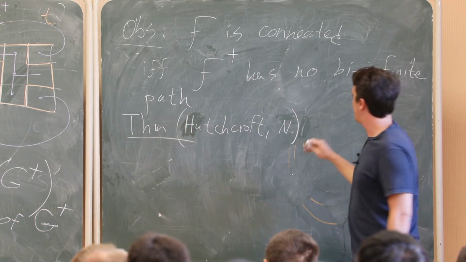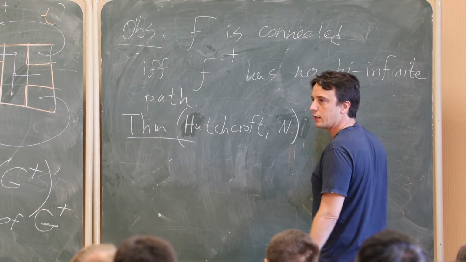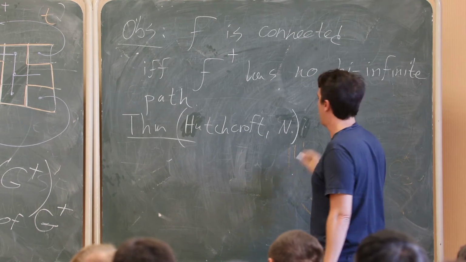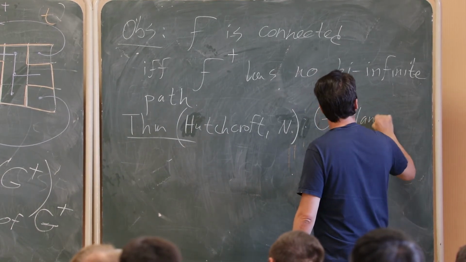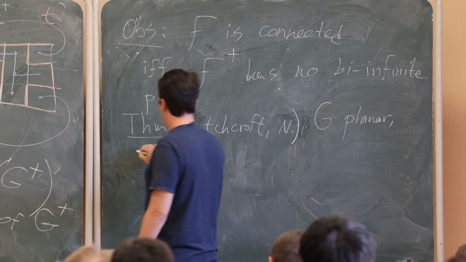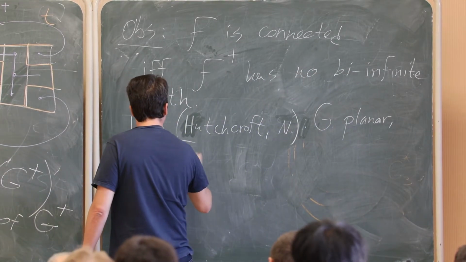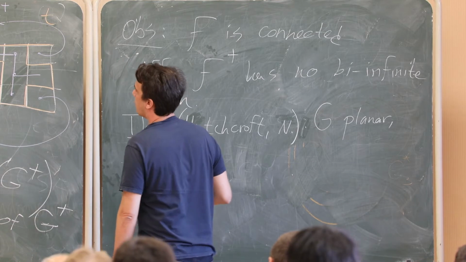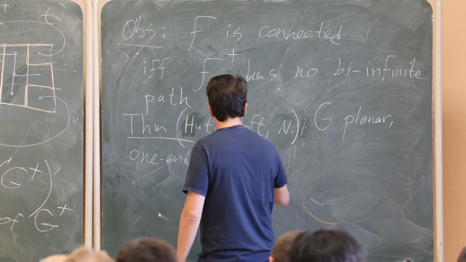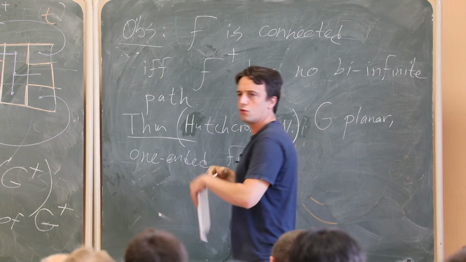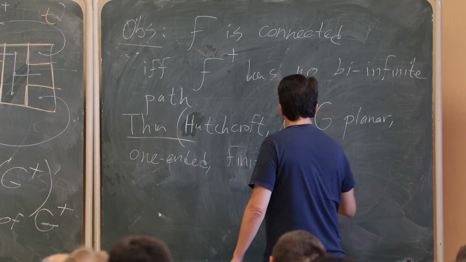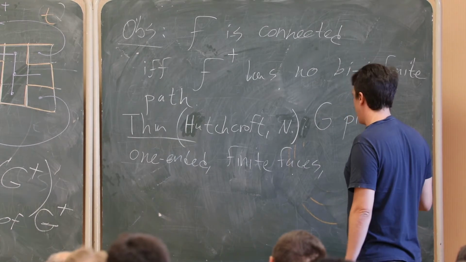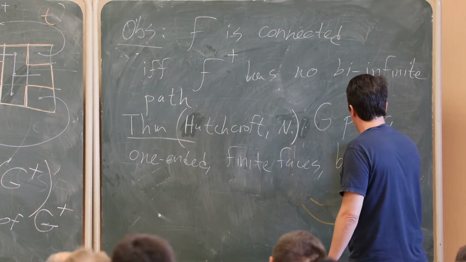Under these settings, let's say exactly what these settings are, just for our proof: G is planar, one-ended, with finite faces. Finite faces is like saying that the dual is locally finite. Let's even add bounded degree, even though it's not really necessary here.